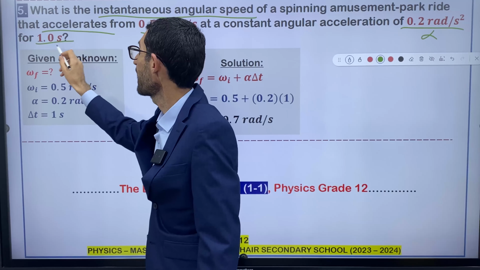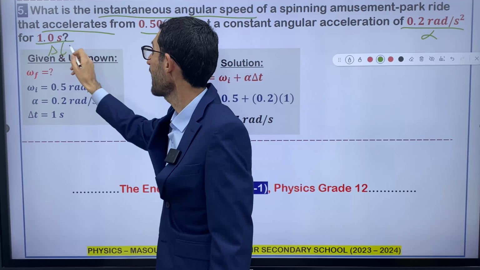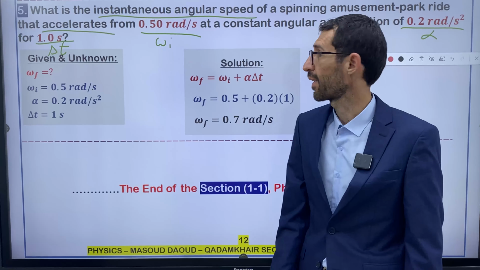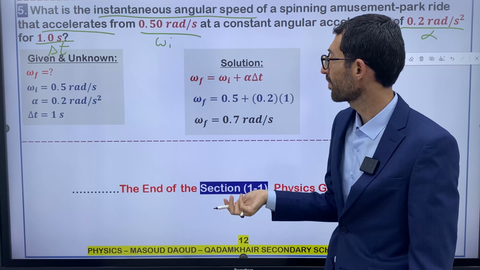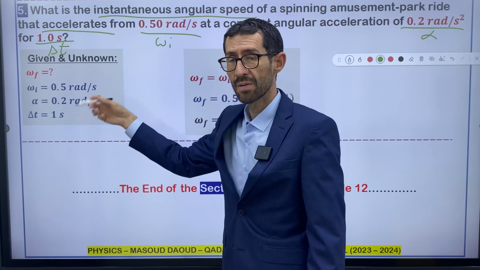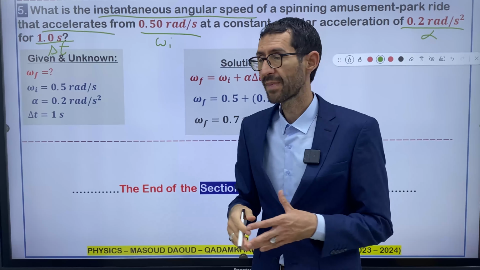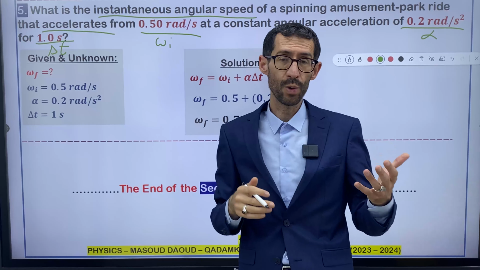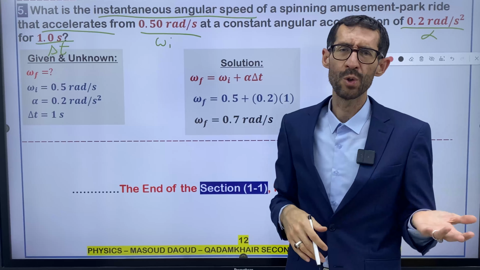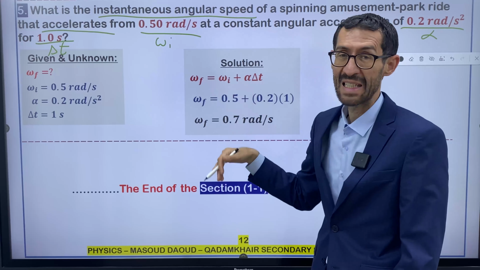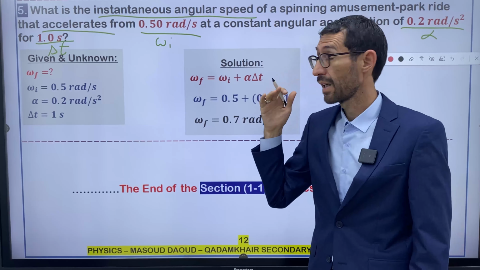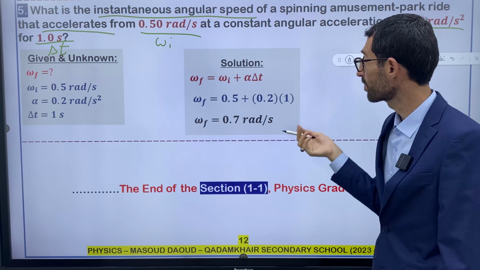Delta t is known, and we only look for omega f. So which rule is convenient? The first rule. And actually, there's no order for the rules. If you name any one of the rules number 1 or number 2, as you like, no problem. There's no sequence for the kinematic equations.